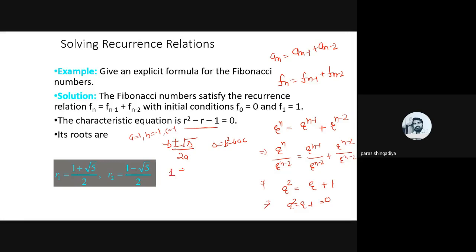So minus b means 1 plus or minus root delta, b square, 1 minus of minus 4 of 1 minus 1. So it is a plus 5 here you will get. So square root of 5 divided by 2 into 1, so that is 2. So we get 2 roots, 1 plus root 5 divided by 2 and 1 minus root 5 divided by 2. Okay, these are the roots of the Fibonacci equation.